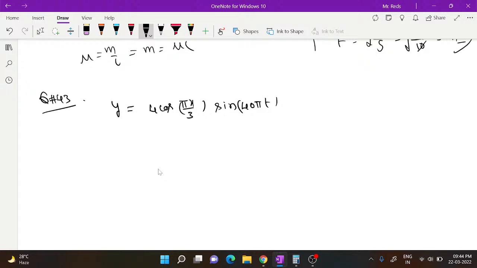This is also important: x and y are in centimeters, in CGS units, and t is in seconds.